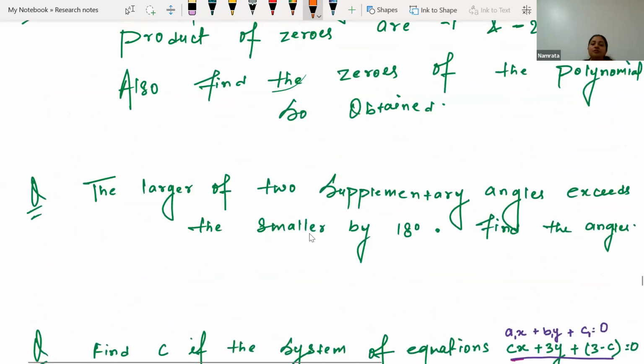Let's do this one. The larger of two supplementary angles exceeds the smaller by 18 degrees. Find the angles.